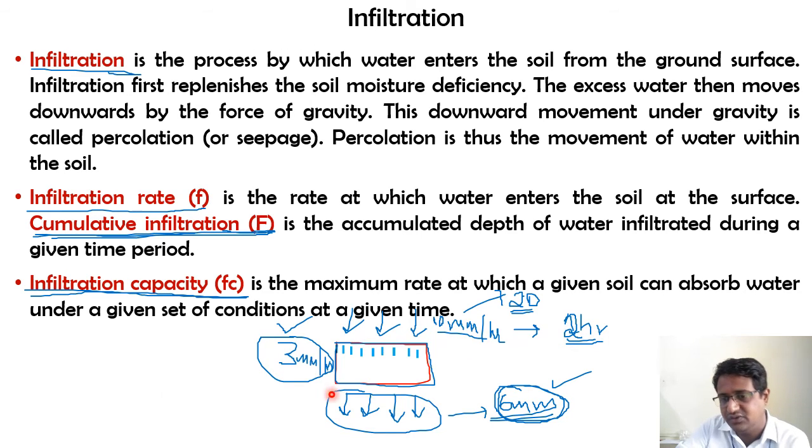Here, imagine at the start of this 2 hours, that is t equals 0, this particular soil is completely dry, before the rainfall is occurring. At t equals, let us say, 5 minutes.